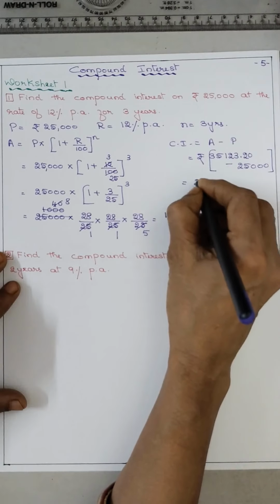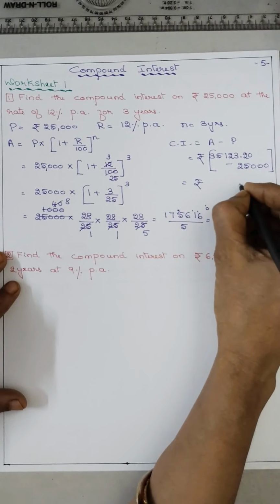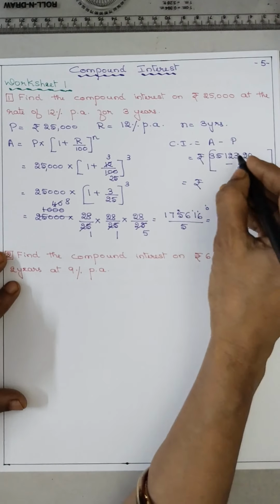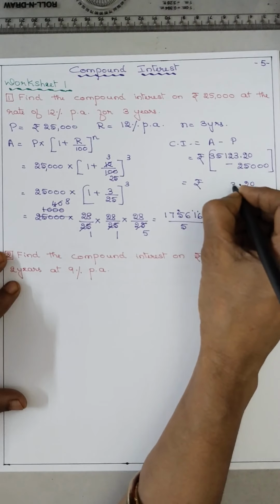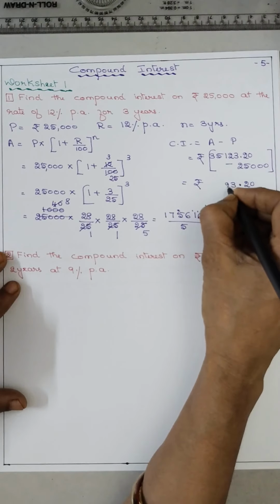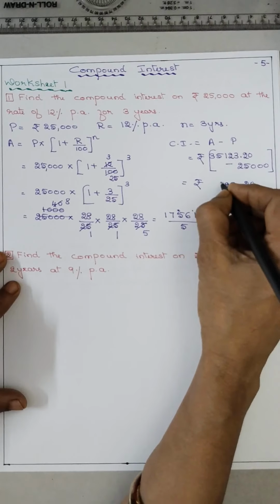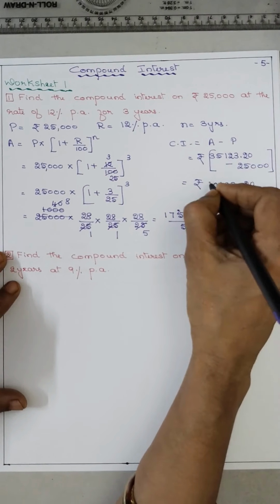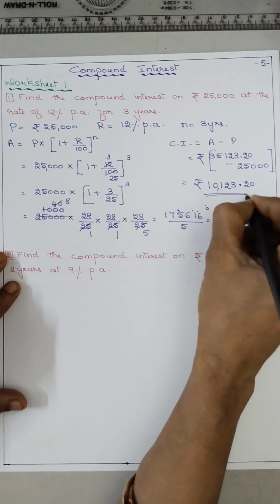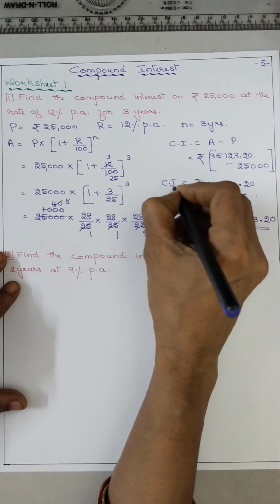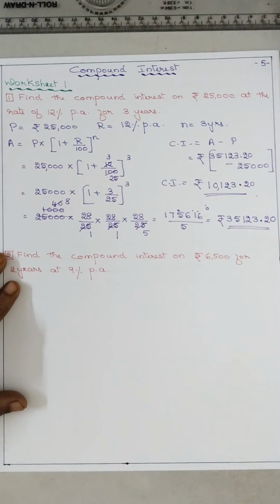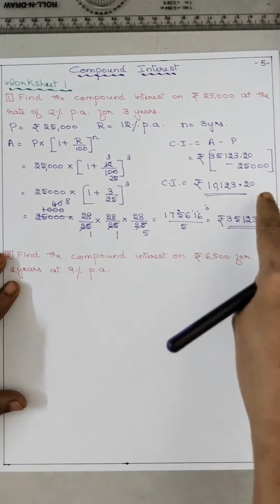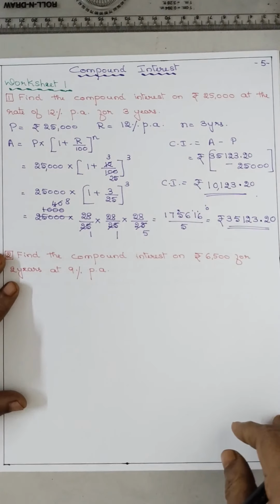So the answer is, decimal place 20, 3 minus 0, 3, 2 minus 0, 2, 1 minus 0, 1, 5 minus 5, 0, 3 minus 2, 1. So the answer is CI is equal to 10,123.20, 20 paise.